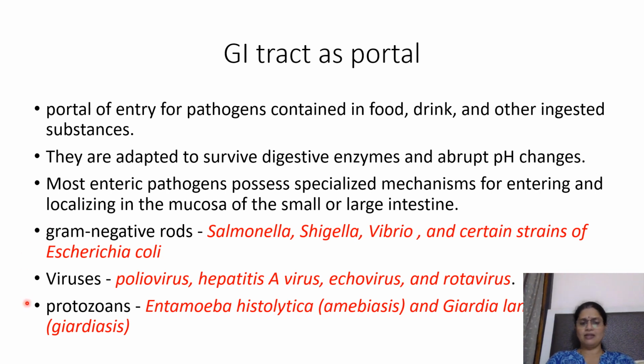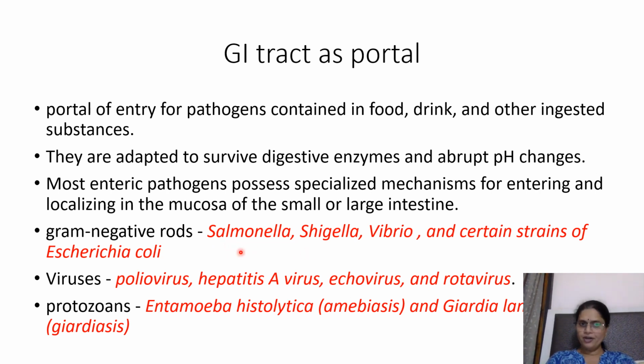Now these are some examples which usually cause infection through the gastrointestinal tract. I have mentioned some bacteria, some viruses, and also protozoans. Among bacteria, very common enteric pathogens are gram-negative rods. Under this we have Salmonella species and Shigella species.